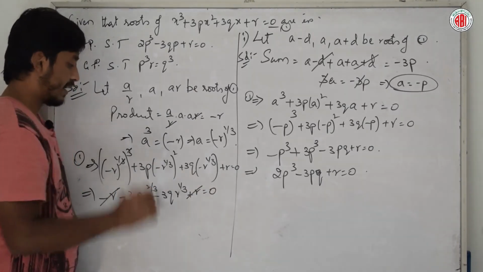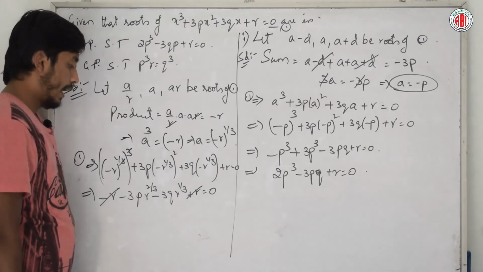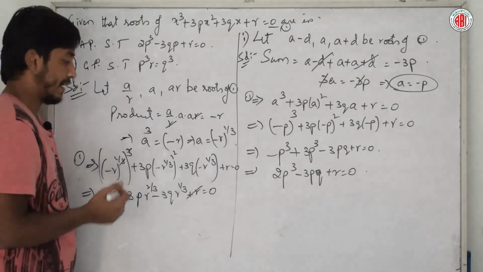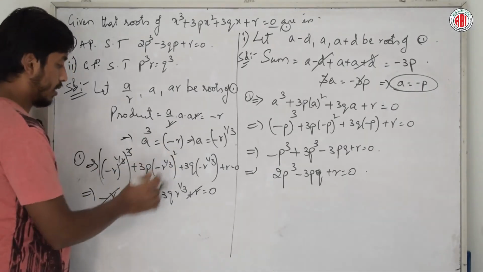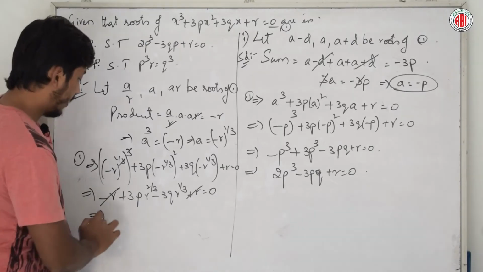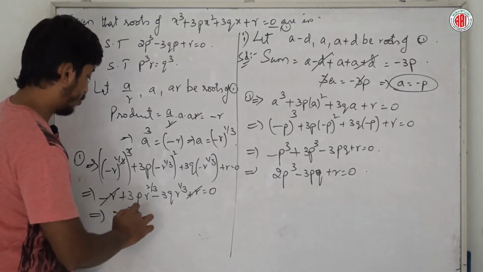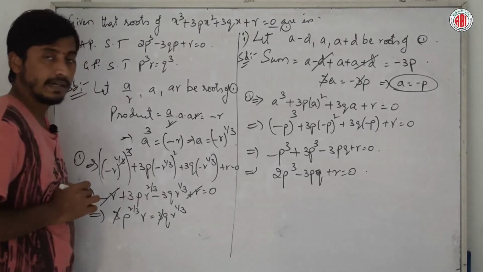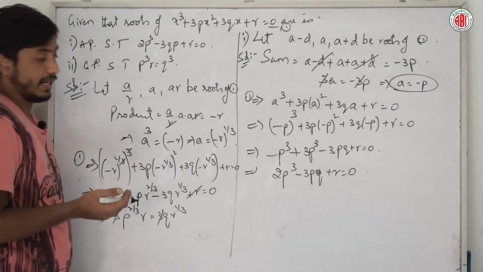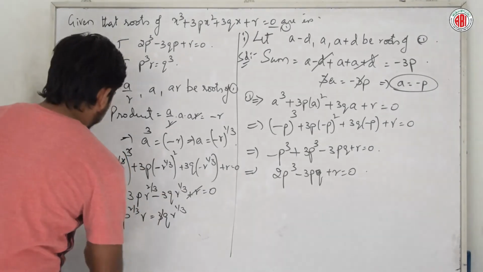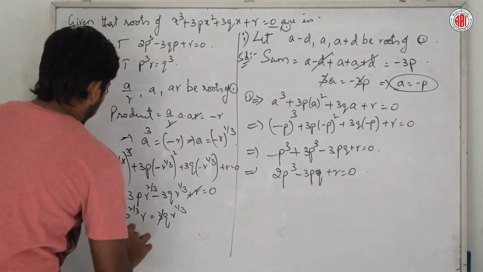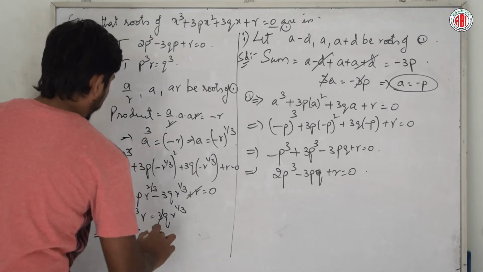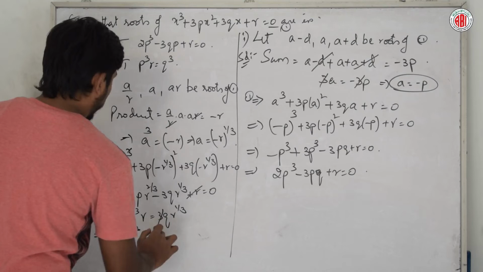If you observe, this r and this r will get cancelled. Okay, and the next step will be, here it will be plus because minus whole square will obviously be plus. Now let me send this that side. We'll be left with 3p r power 2 by 3 is equal to 3q r power 1 by 3. 3 will get cancelled. Okay, let me cube on both sides. So we will get p cubed r squared is equal to q cubed r.